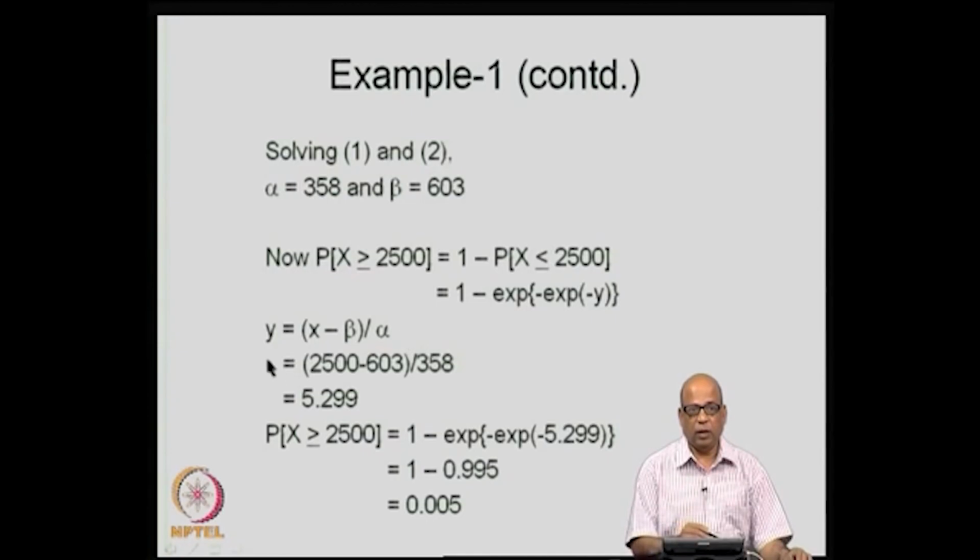So, we get the corresponding value of y as 5.299. So, we write probability of x being greater than or equal to 2500 as equal to 1 minus exponential of minus exponential of minus 5.299. So, this turns out to be 0.005, that is, the probability that x is greater than or equal to 2500 will be 0.005, which is a fairly low probability.